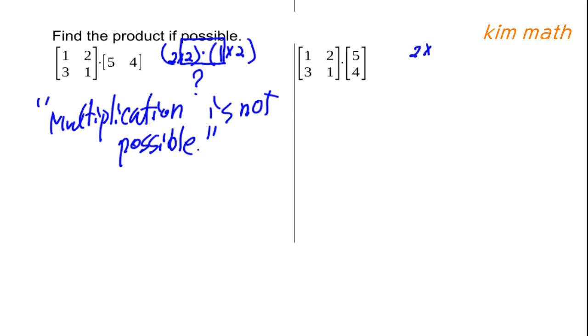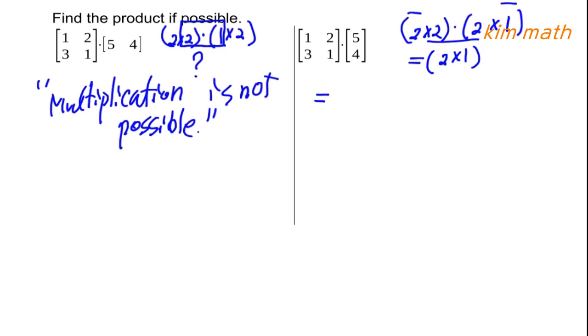2 rows, 2 columns times 2 rows, 1 column. Oh, they have the same number, so multiplication is possible, and the result is a 2 by 1. This, right? Okay, I will multiply. Choose first row, first column.